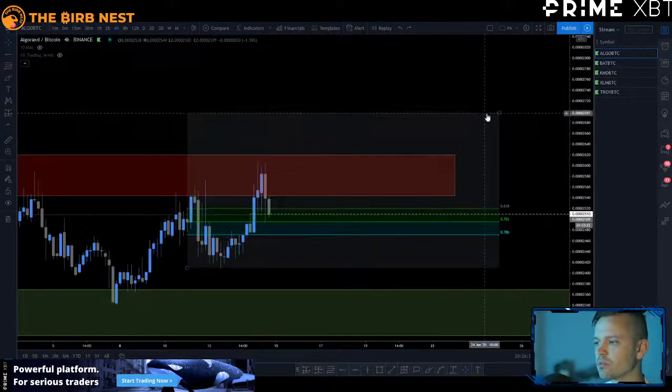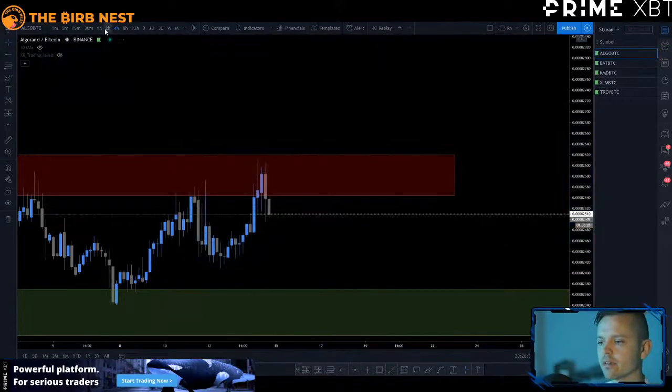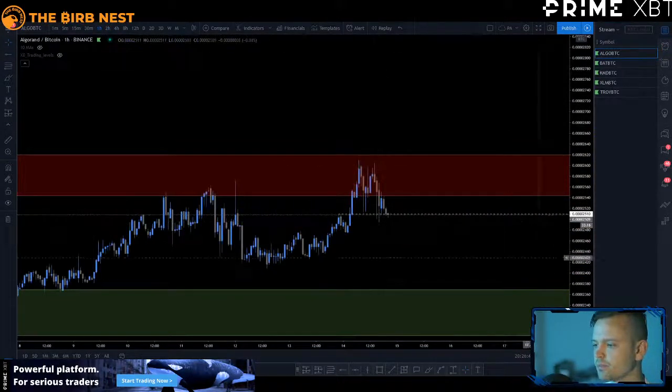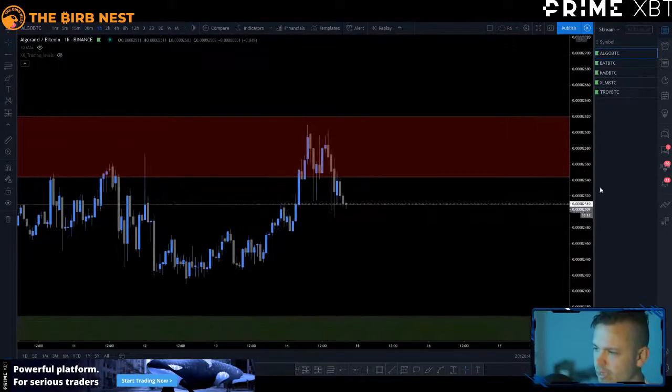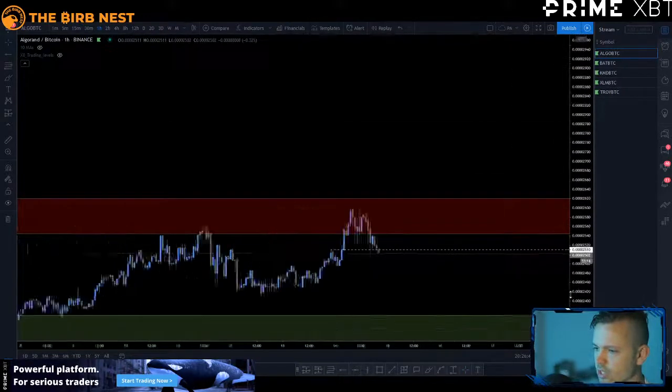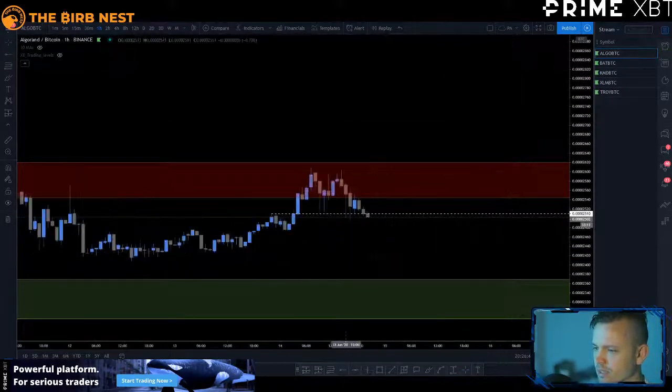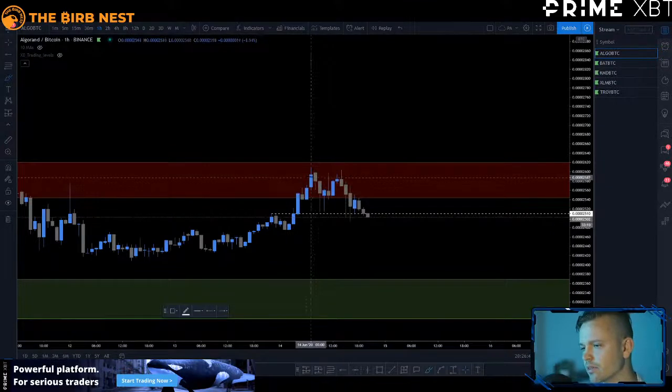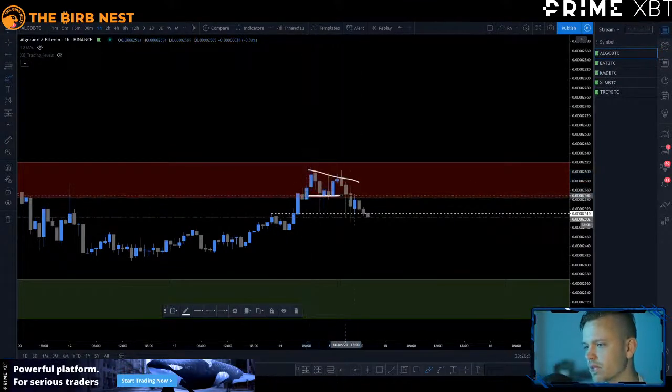What I did on this one was I based the trade on the 1 hour. Now we're getting pretty bearish market structure on the 1 hour with this double top here, and we broke down here, bearish retest.